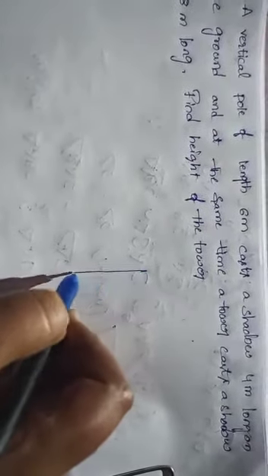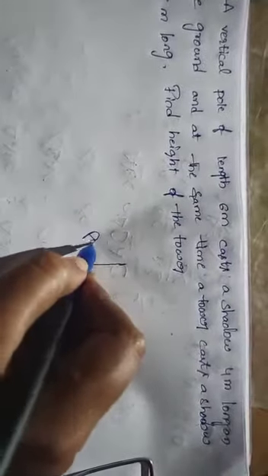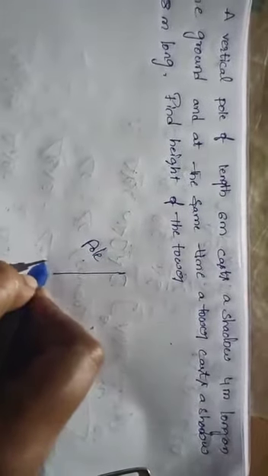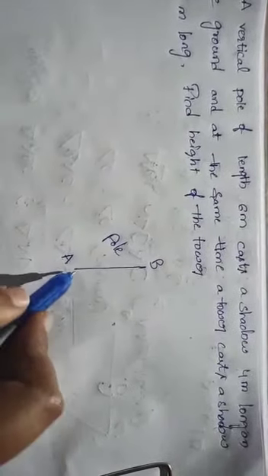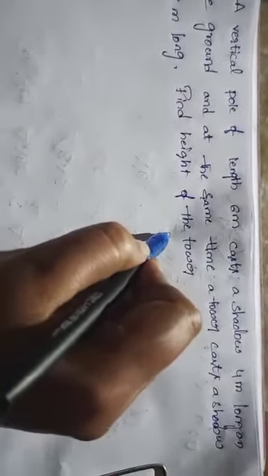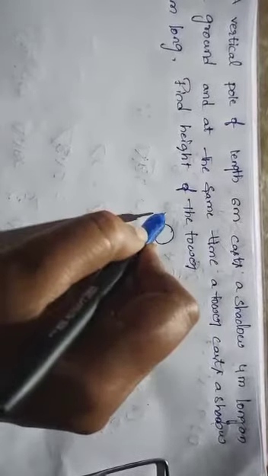This is the vertical axis. This is horizontal, here the ground. This is the pole. AB is the pole. Suppose this is the sun.